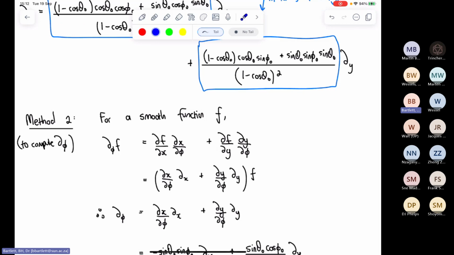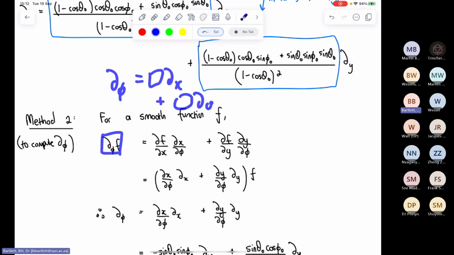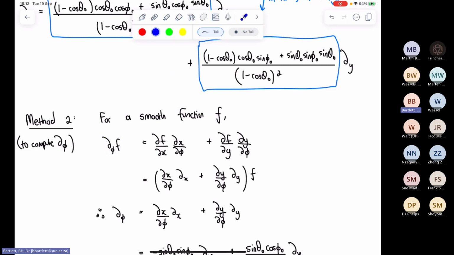right? So for example, someone asked me to compute del phi as something times del x plus something times del y. How do I compute these numbers? Here's what I do. I think of how this del phi operates on a smooth function. And then I just sort of use the mantra of the chain rule for multivariable functions, right?